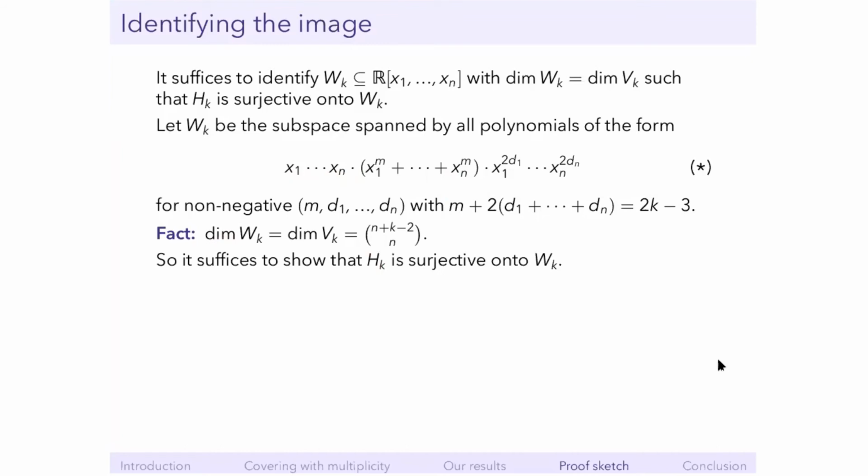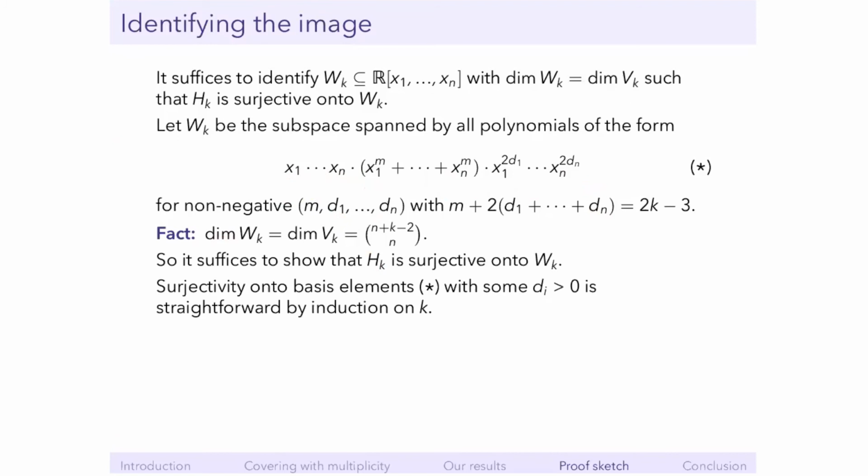So it suffices to prove that this function h_k is surjective onto the space W_k. And to prove surjectivity, it suffices to prove that we can hit all of these basis elements that span the space W_k. And you can check, it's pretty easy to show surjectivity onto a basis element where one of these exponents d_i is positive.